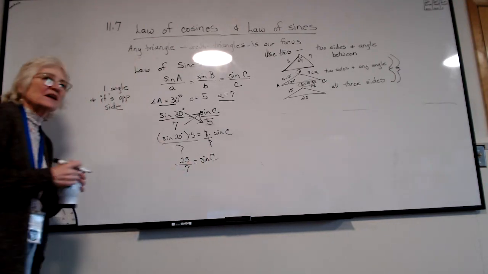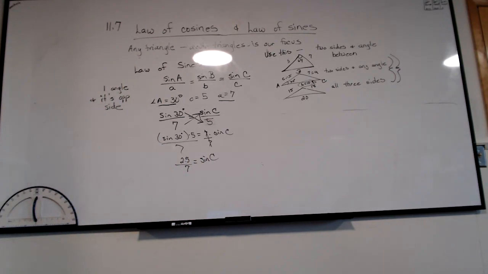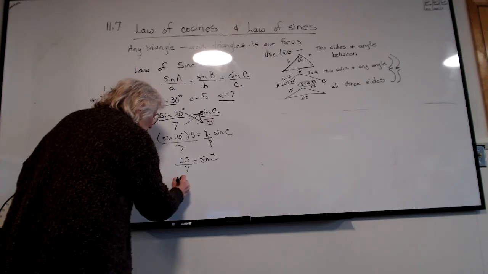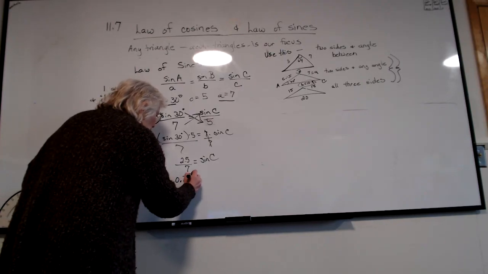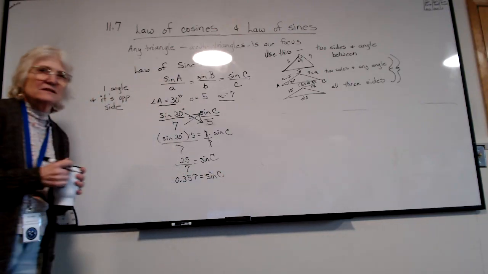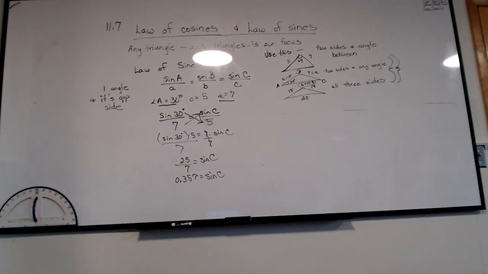Everybody find on their calculator what sine of C is equal to. 0.357. Sine of C is equal to 0.357. And how am I gonna figure out what C is? The inverse sine, which is sine to the -1 power of 0.357.